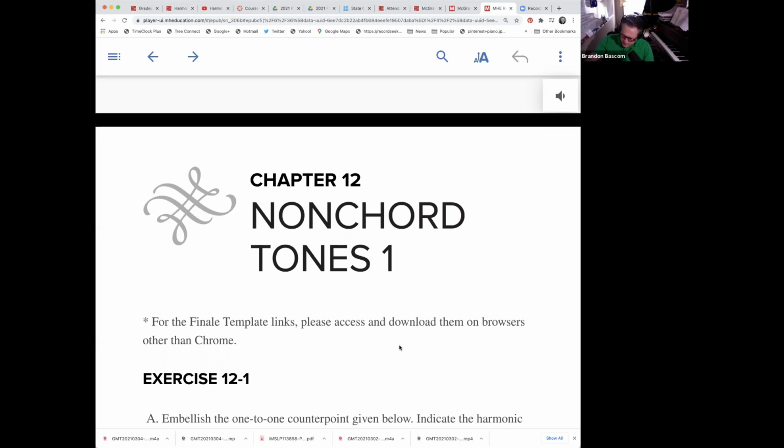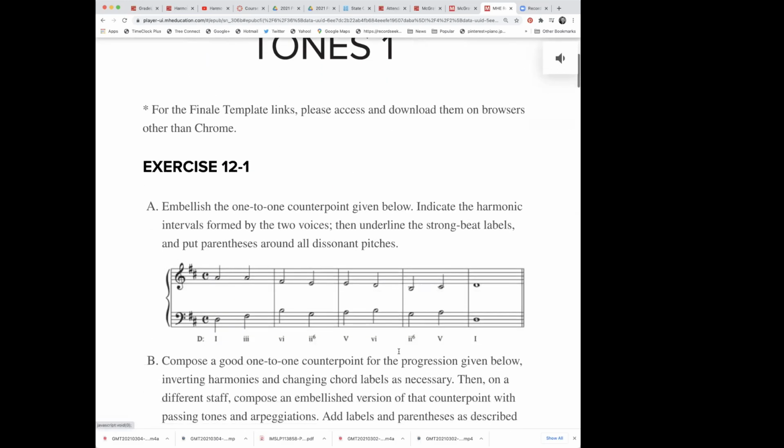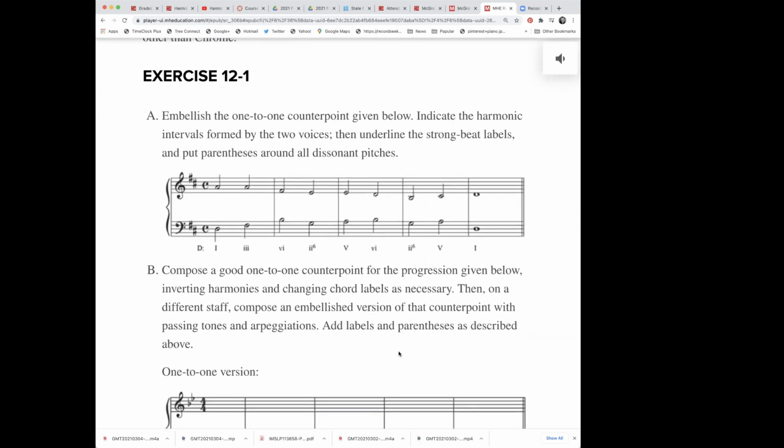We have 91, 92, 93, 94, 95, 96, 97, 98. 8 pages. We'll see about that. All right. 12.1, we were talking about embellishing one-to-one counterpoint. It seems that we already went over this. Am I crazy? No one remembers. Pretty sure we already went over this page.